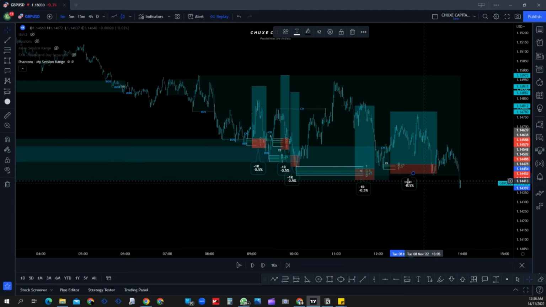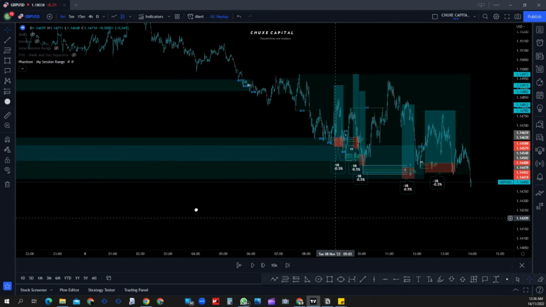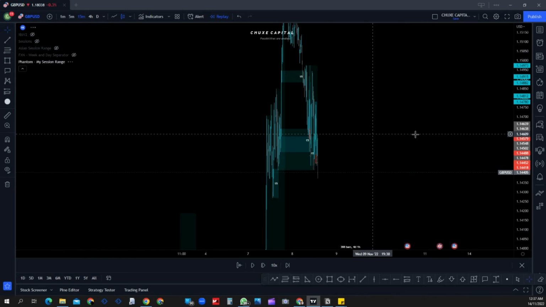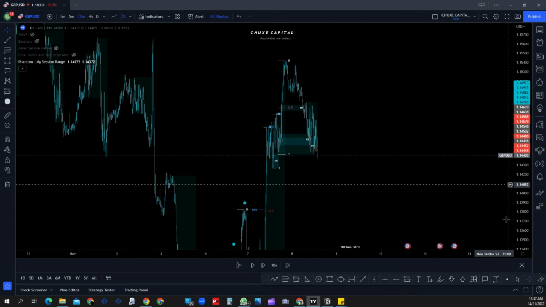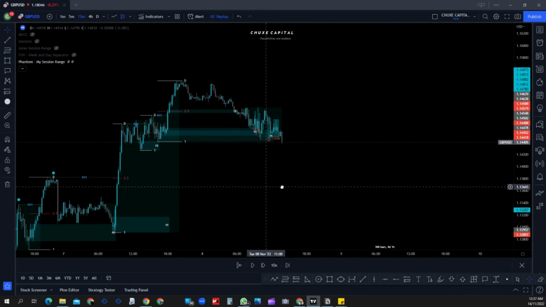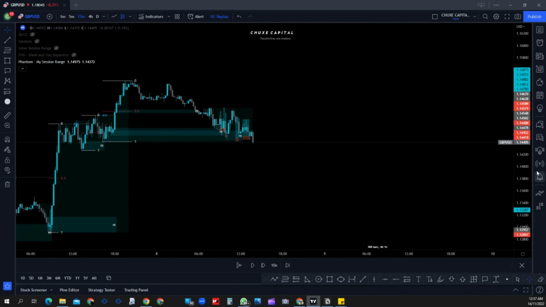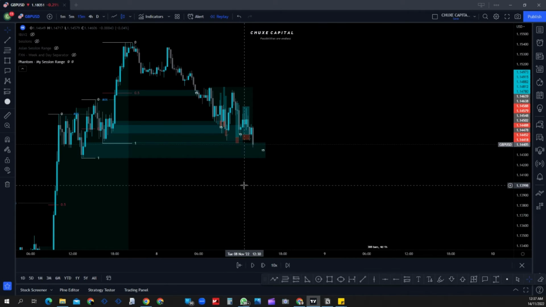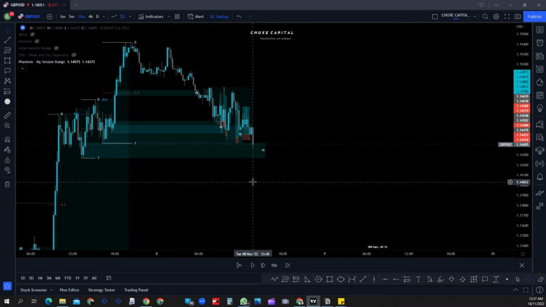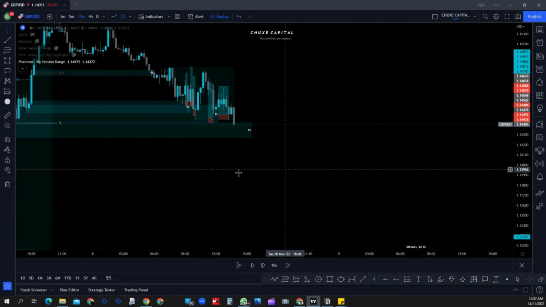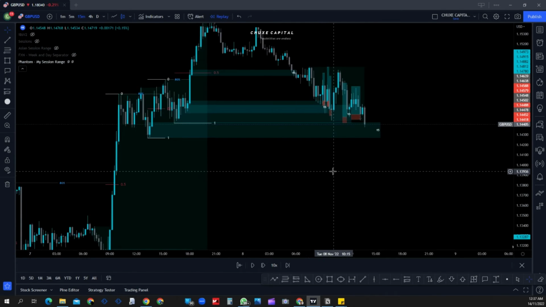I'm down 2.5%. Okay. All right. So we zoom back a bit. Let's see what's happening. Now price has tapped into here. Perhaps we want to get in again. Yeah, let's get in again. See what we get.